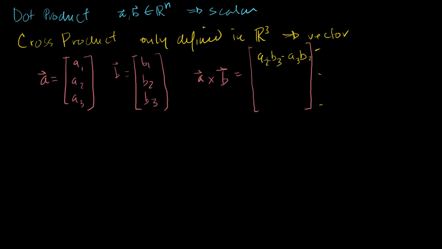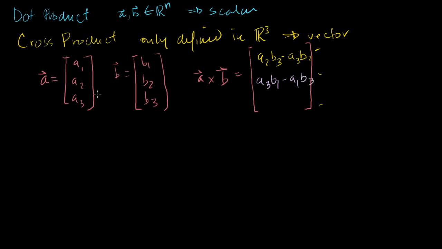Or you can view it as the negative of what you would have done naturally, which would have been A1 B3 minus A3 B1. So we do A3 B1 minus A1 B3, and that was only for the middle row.